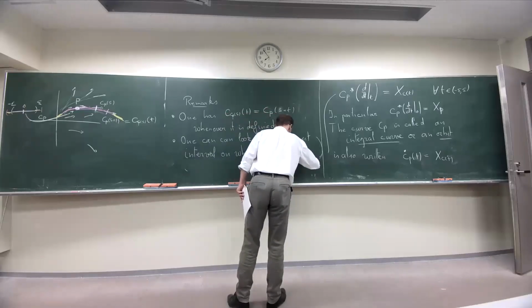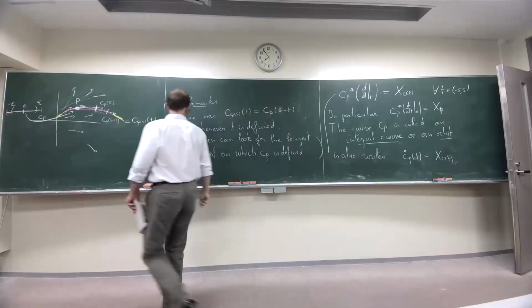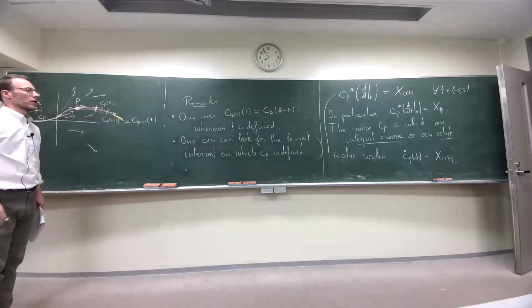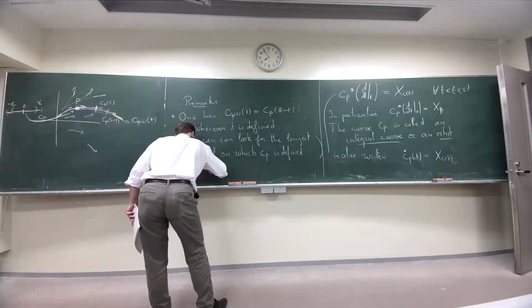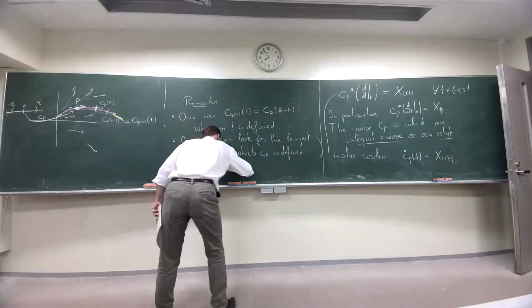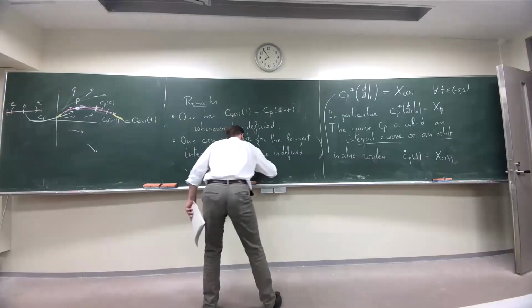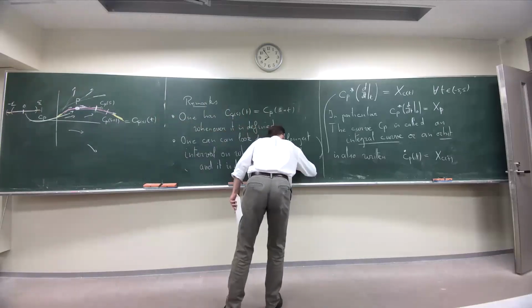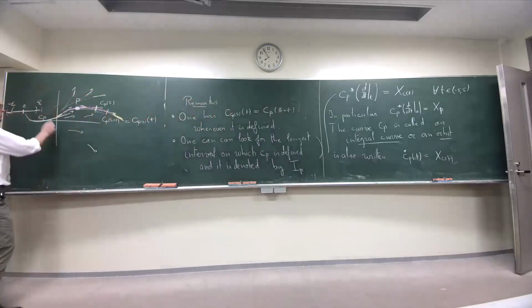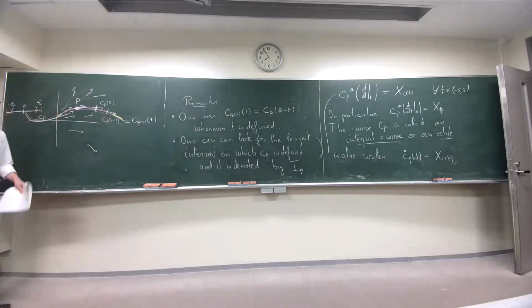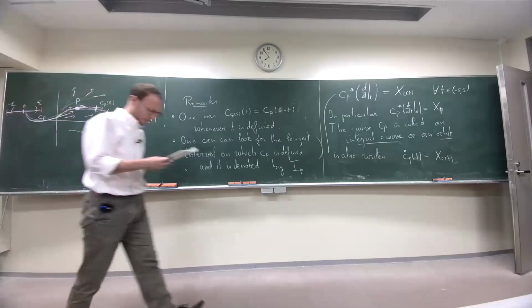So I extend this epsilon from minus epsilon to epsilon, so we can look for the longest interval on which Cp is defined, and it is denoted simply by I_p. I is for interval, so you can look, I want to know if I can extend this curve, and what is the longest interval which defines this curve. Okay.